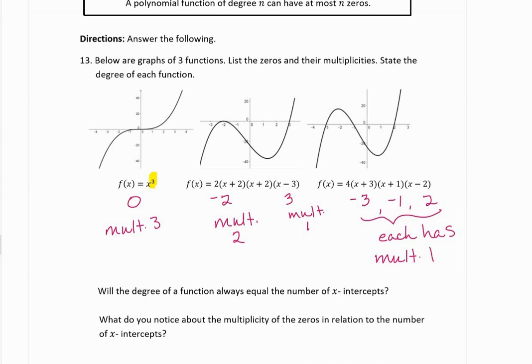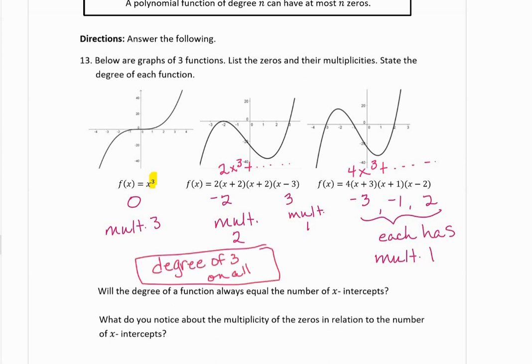I can find that by looking at this exponent. Now on this next function, they're not all multiplied out, but I know that when I multiply this out, I'm going to get 2x cubed and then plus something. Over here, I'm going to get 4x cubed plus something. So the degree of all three of these is 3.